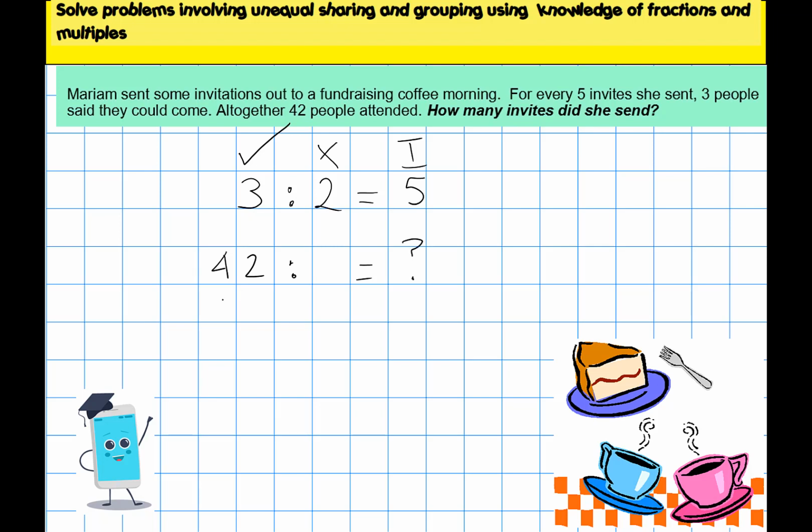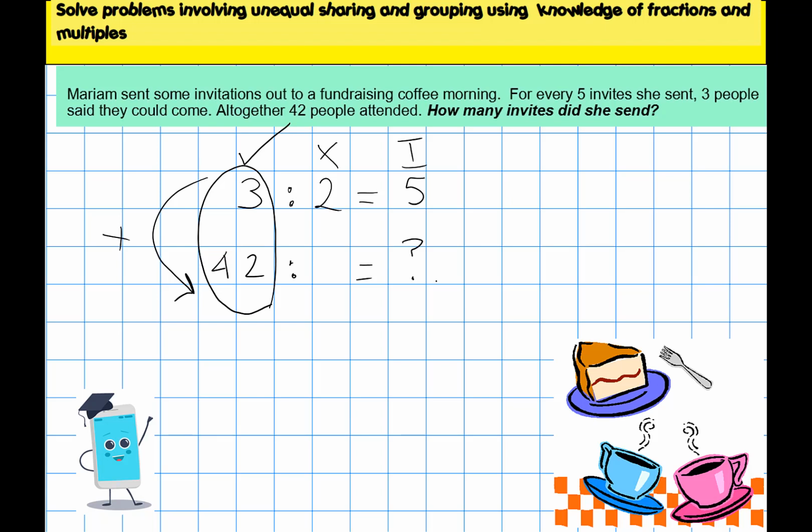So I'm going to use this to find out my scale factor. How many times does 3 fit into 42? So if you haven't had a go yet, pause now and have a go. Find your scale factor. What am I multiplying by to get from 3 to 42? Then can you apply it to the other parts? And this is the one that I need to answer my question.